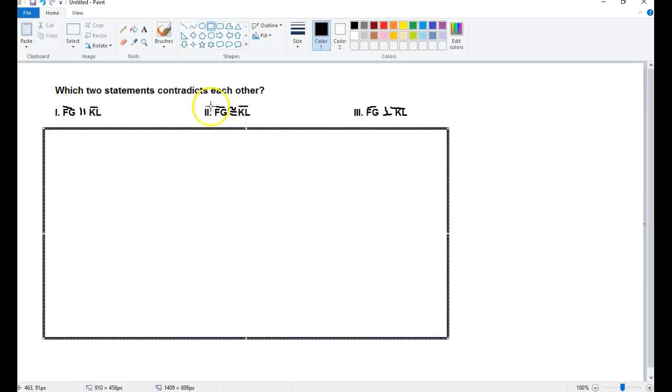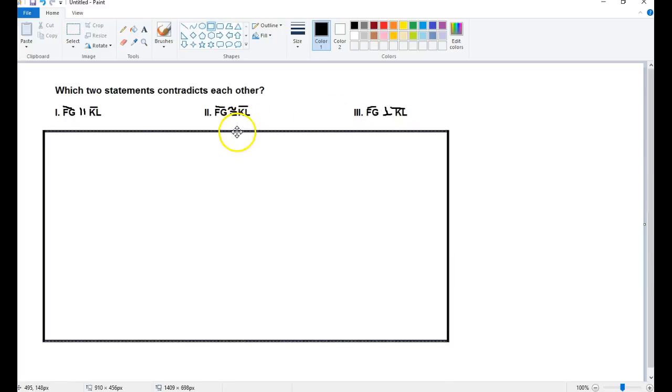Yes, they can be parallel and congruent at the same time. Can a line be congruent and perpendicular? Yes. And last one, can a line be parallel and perpendicular? No. Parallel means they never cross. Perpendicular means they're crossing at right angles.